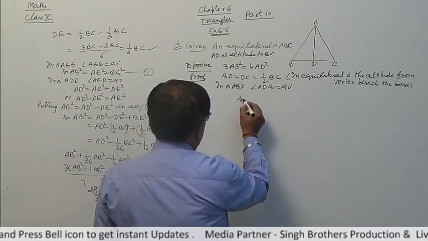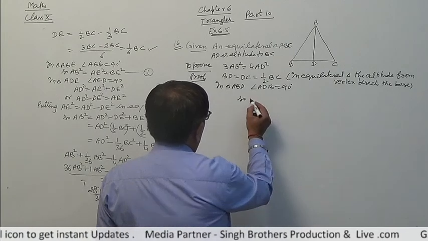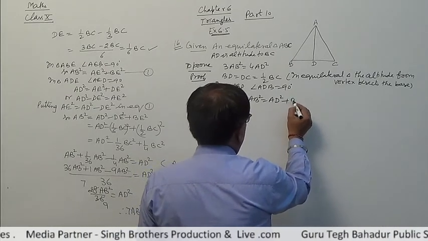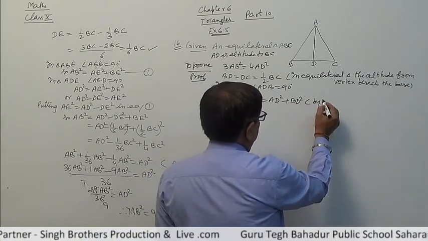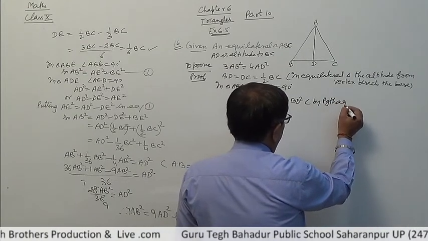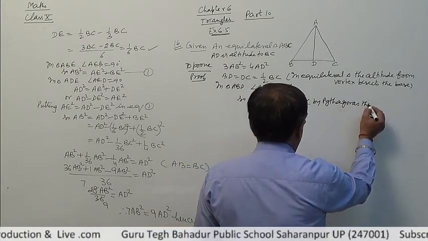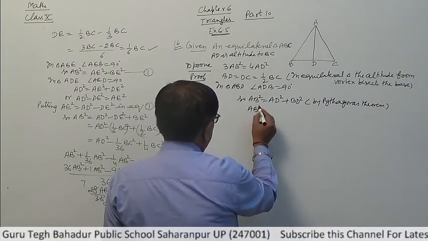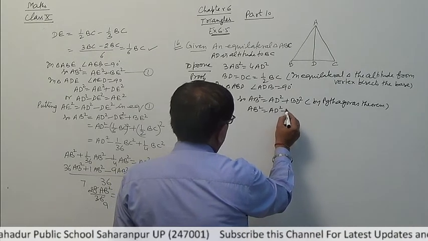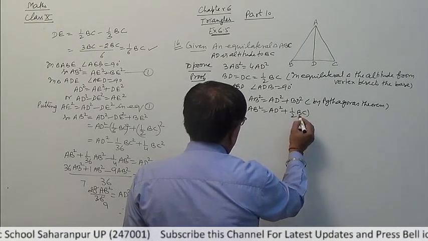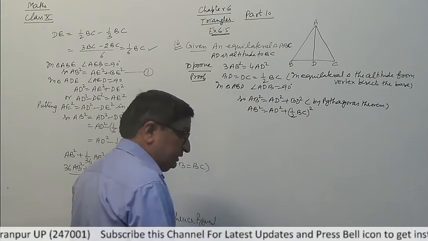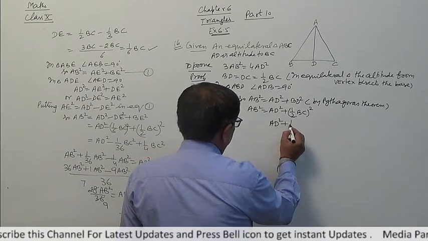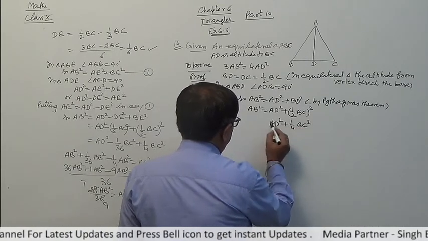So AB square is equal to AD square plus BD square by Pythagoras theorem. AB square is equal to AD square plus 1 upon 2 whole square BC whole square, AD square plus 1 upon 4 BC square.